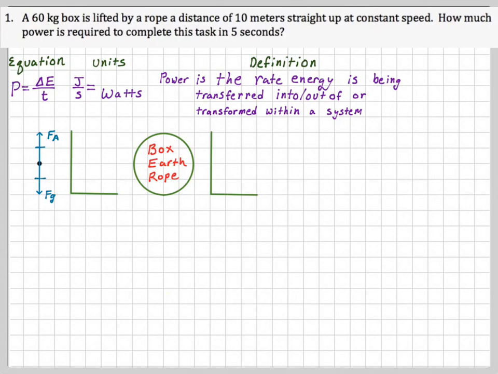And so we know we've got force gravity down on the box and force applied by the rope up on the box. And because it's going at a constant speed, we know that those two forces are going to be balanced.